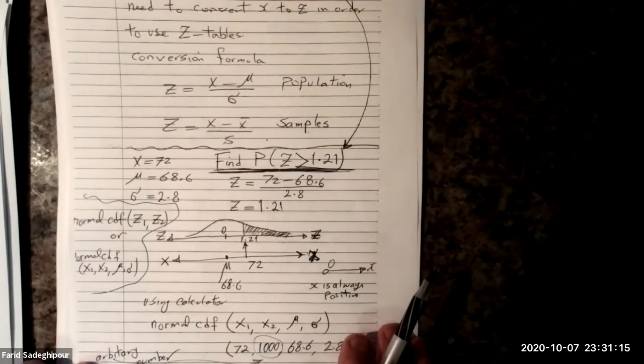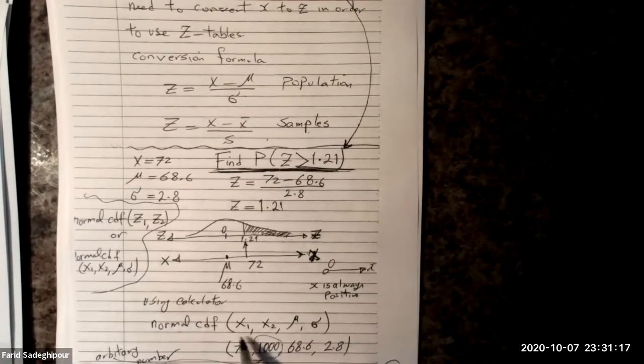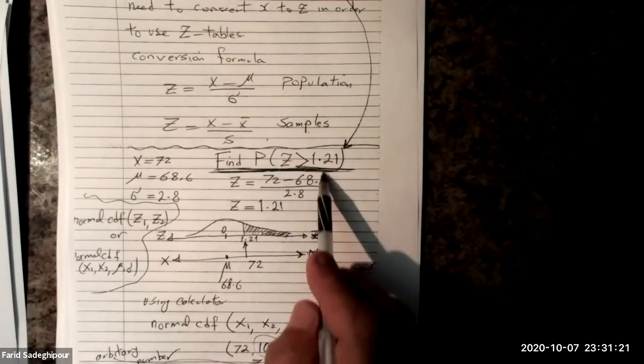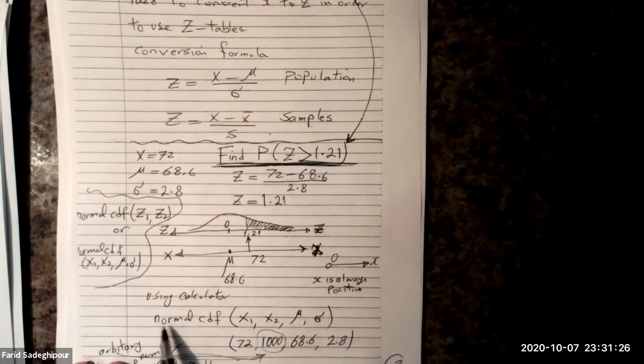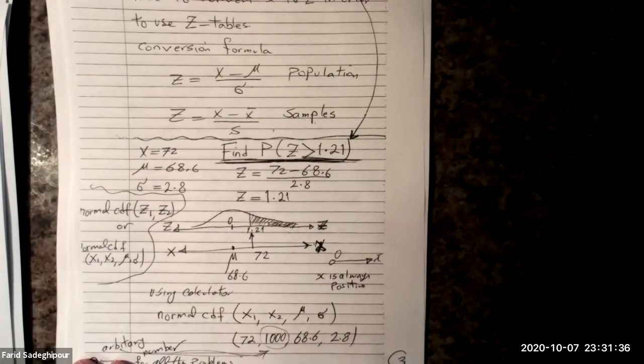One of the advantages of the calculator is that you don't even have to change from X to Z. You could use the same normal CDF, but here, since the mean and the standard deviation are not 0 and 1, you could actually put 4 numbers here and the calculator will give you the answer.